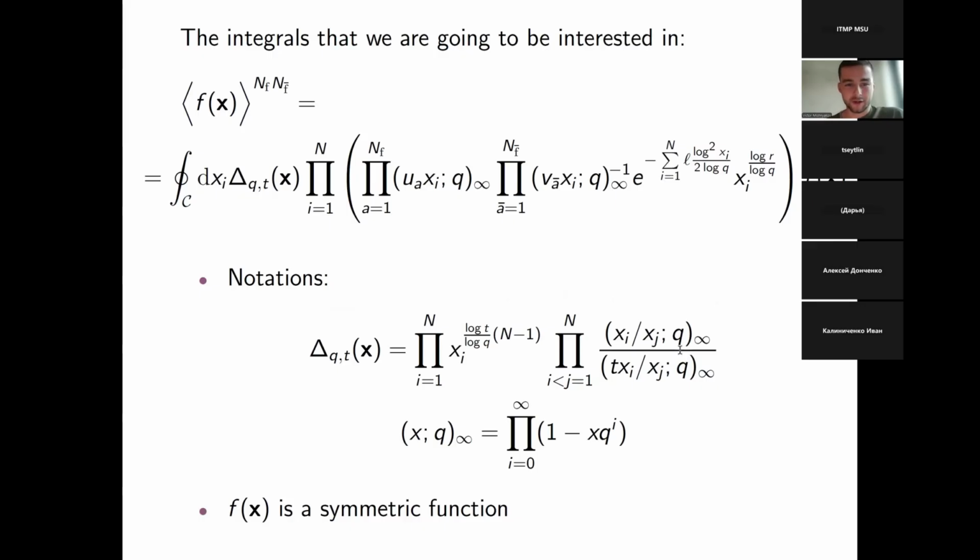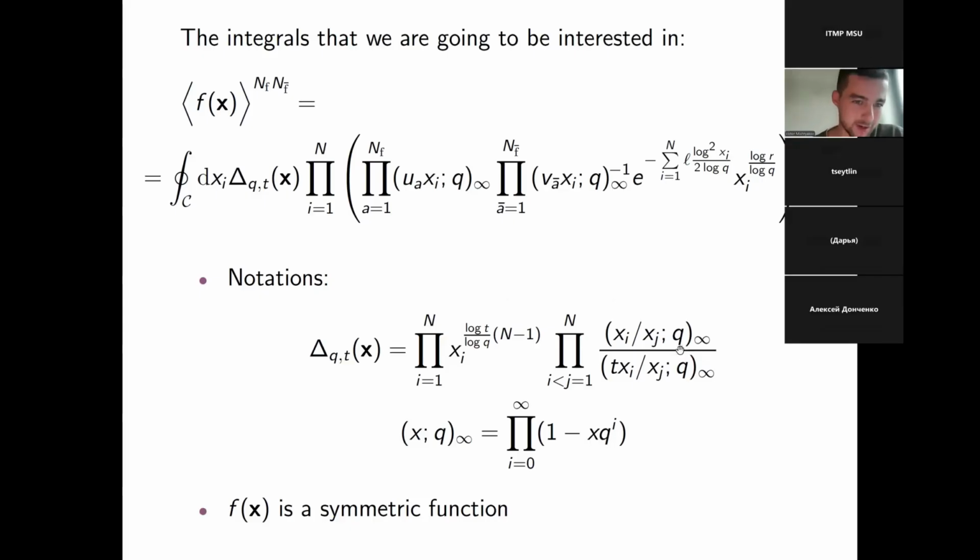Under the integral, we have a few objects. The measure of this integral is given by something called delta qt of x. First of all, it's an n-fold integral. Sorry, I should have put a product over dxi.